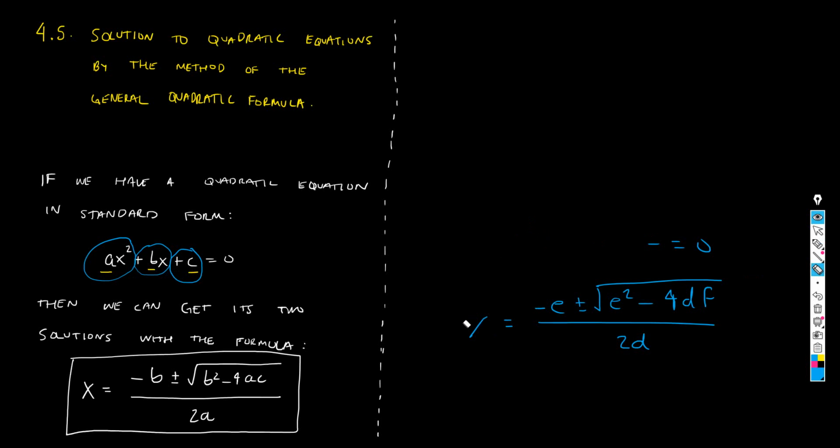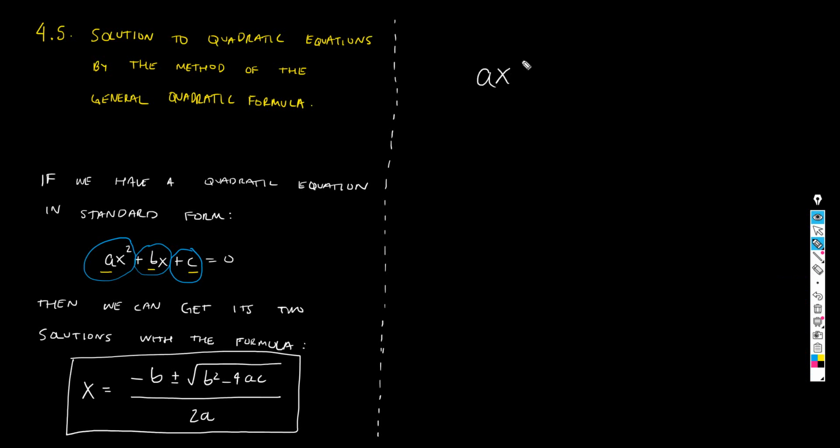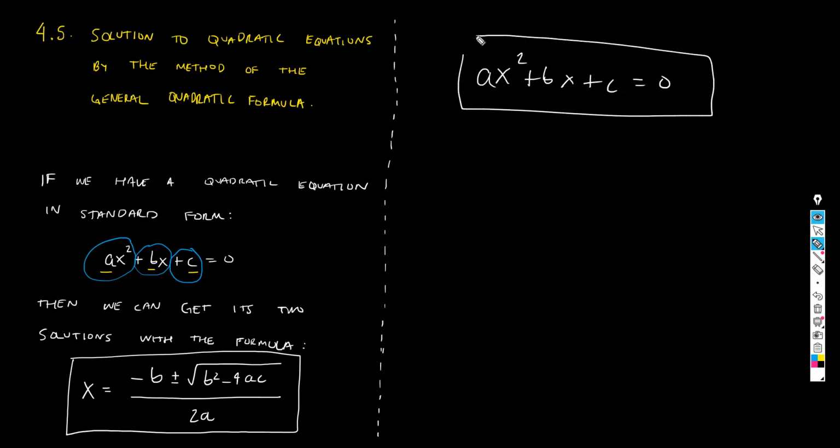Now, where does this formula come from? If you remember, we already saw the method of completing the perfect square trinomial. In second semester, that is next semester, I'm going to show you how, by starting with this equation, which is a quadratic equation in general form, I'm not talking about any specific A, B, or C. This is a general, abstract quadratic equation, not a particular example like this.